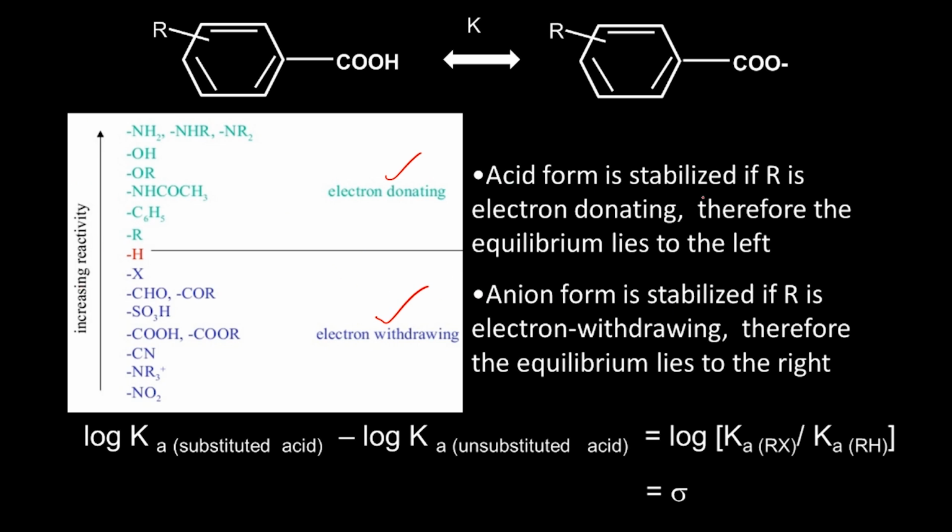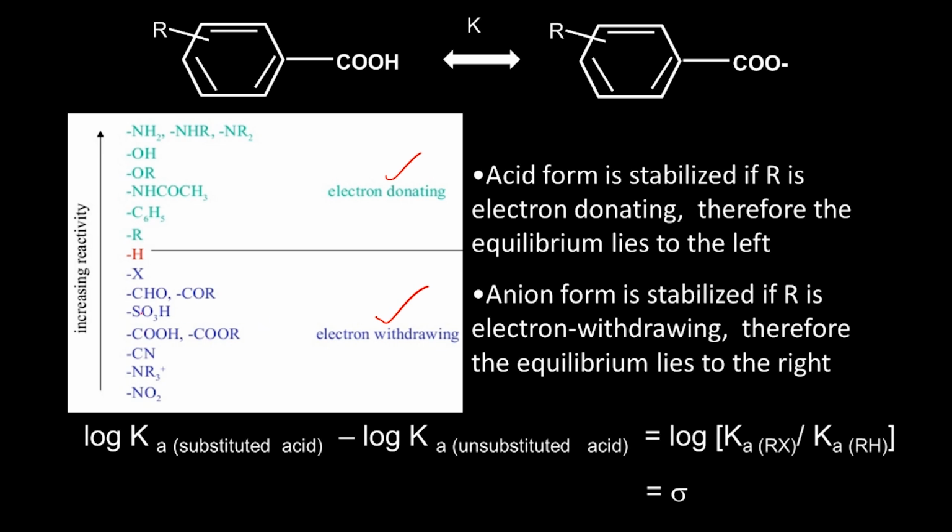The acid form is stabilized if R is electron donating. This is the acid form, this is the anion form. So the acid form is stabilized when we have an electron donating group. The anion form is stabilized if R is an electron withdrawing group.